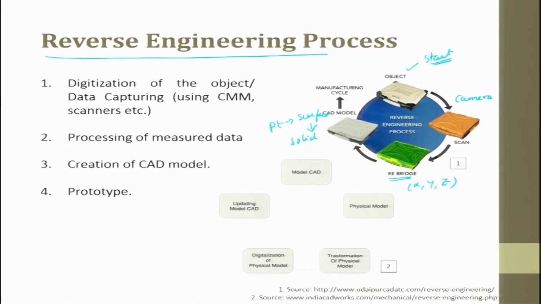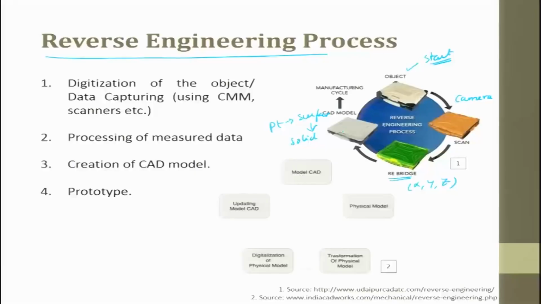Doing patchwork on top of this reverse engineered data is a big challenge. You have to smoothen out the noise, because when you use laser, there can be internal reflections, and when there is an object where the depth data changes so abruptly, then also you get noise data.